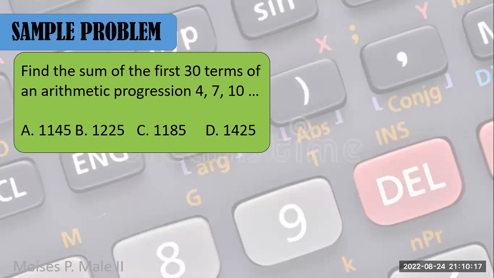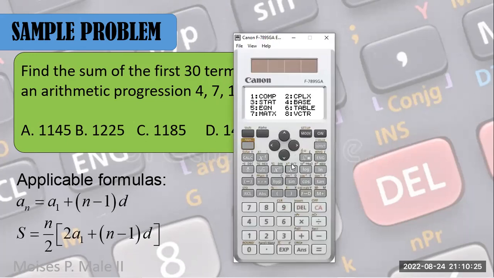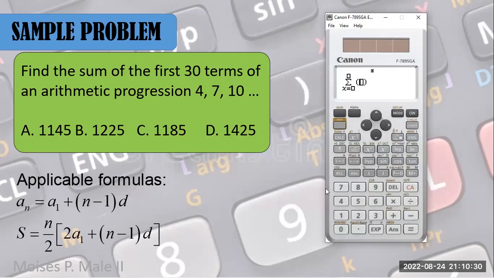So this one, we already used earlier. Okay. So just add. Okay, mode 1, summation. So for the summation of the first 30 terms, we'll use this. First 30 A's. Okay? So input the formula of A, which is the first term, equals 4 plus (x minus 1) times the common difference of 3. So where does the 3 come from? 7 minus 4 or 10 minus 7.